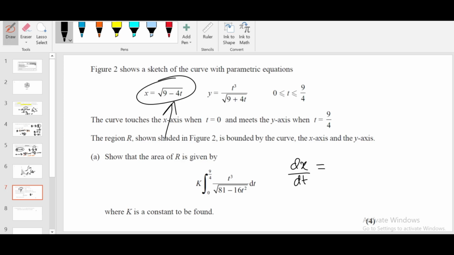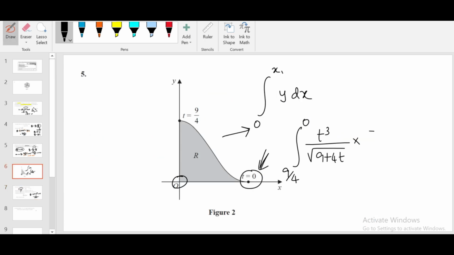The derivative of square root of x is half x to the power half minus 1, times the derivative of 9 minus 4t, which is negative 4. So when you simplify, negative 4 divided by 2 gives minus 2 divided by 9 minus 4t to the power positive half, right? So you can write it as minus 2 times square root of 9 minus 4t dt.